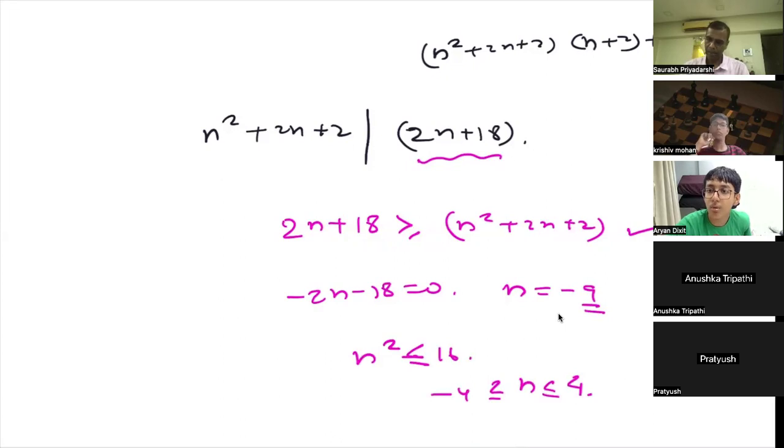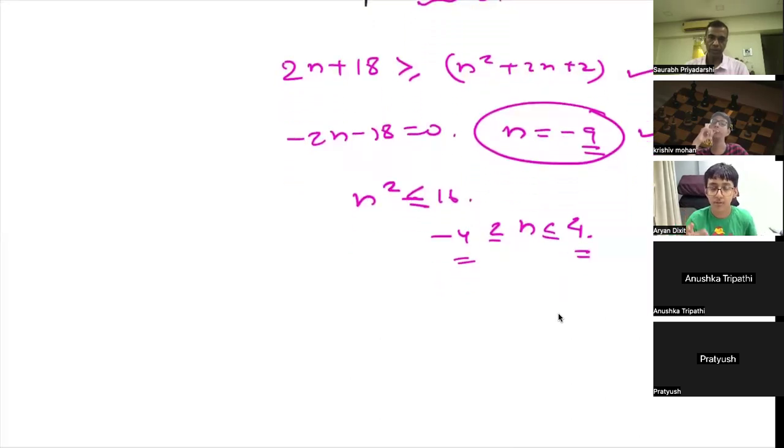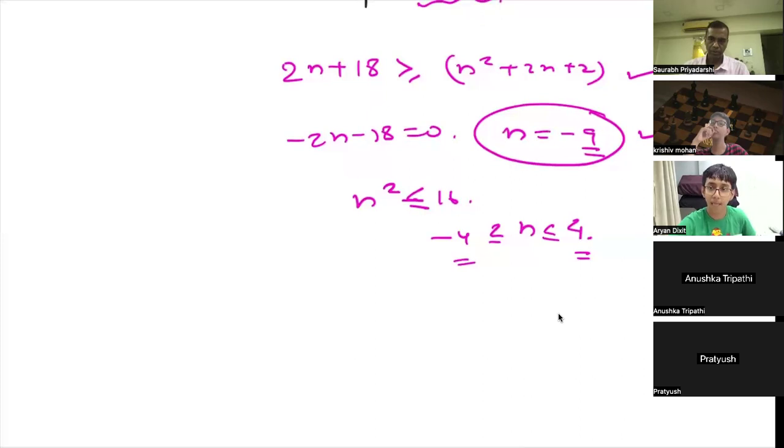And n is equal to minus 9 is one of the answers. So between minus 4 and plus 4, how many options are we getting? Minus 4, 3, 2, 9 options. Minus 4.